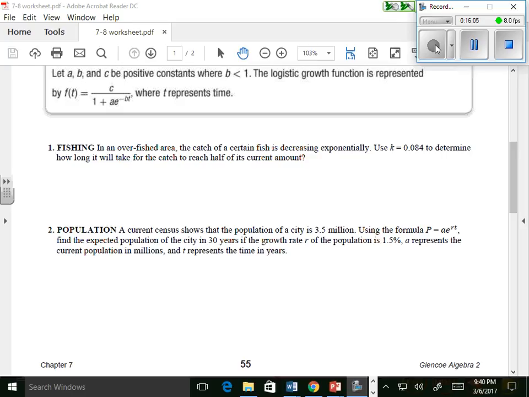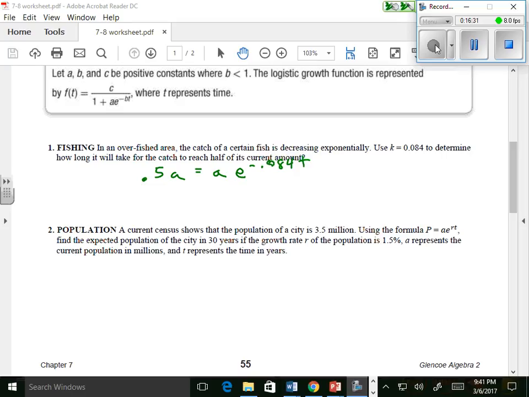So we'll set up where we want to know when it's going to be half the current amount. Current amount is going to be A, e to the negative 0.084t. T is our time.